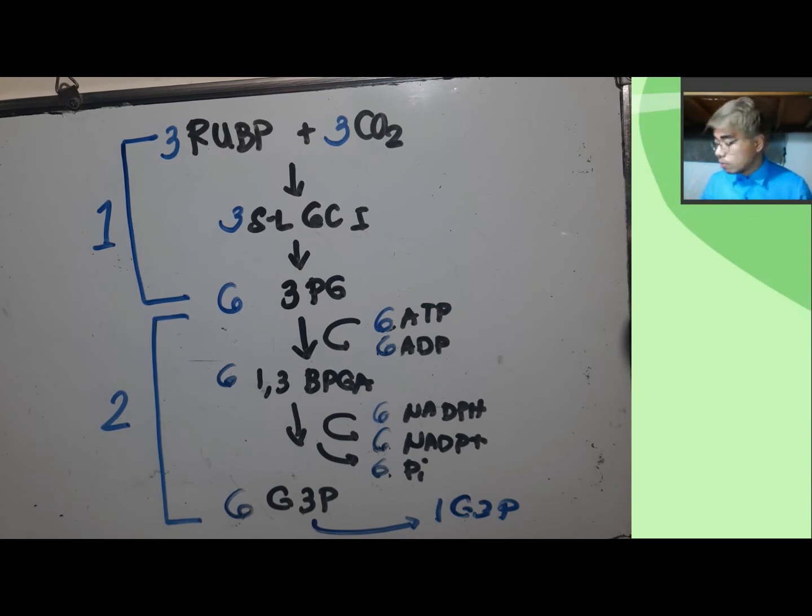Okay? 1 will be released, 5 will be reutilized. Please take note of that. 1 will be released, 5 will be utilized for the regeneration process. Okay, so that's the case when it comes to step 3.